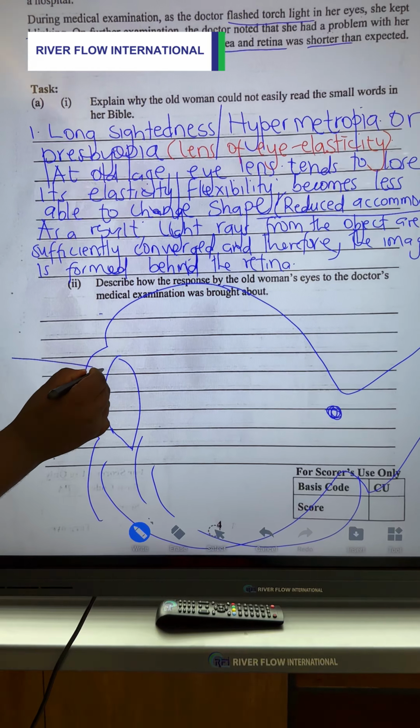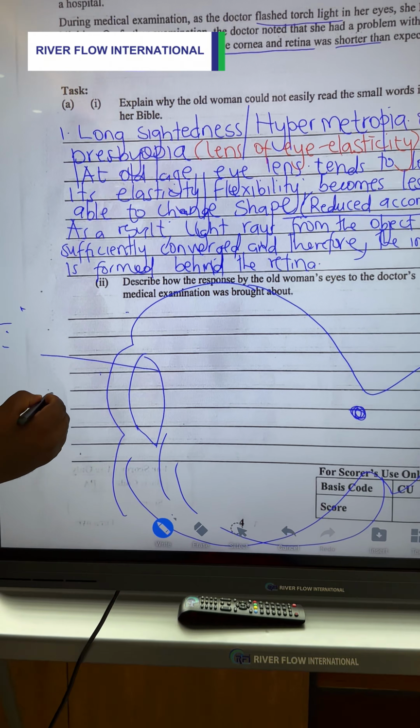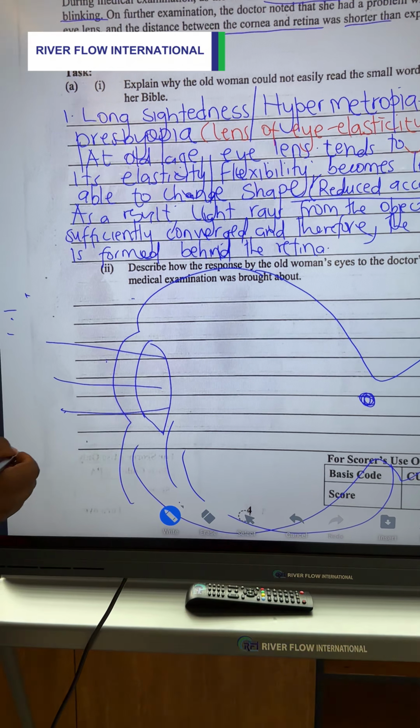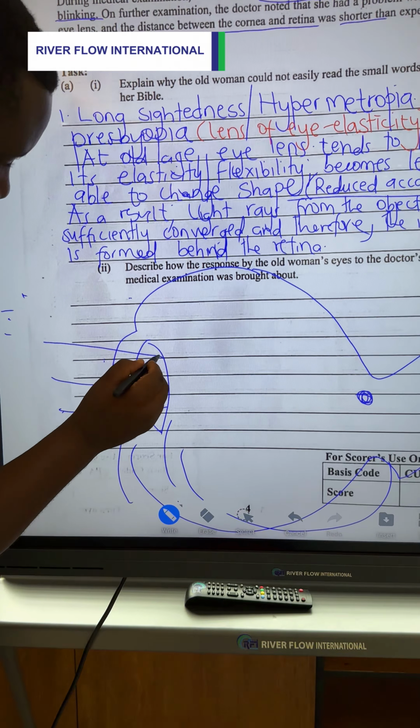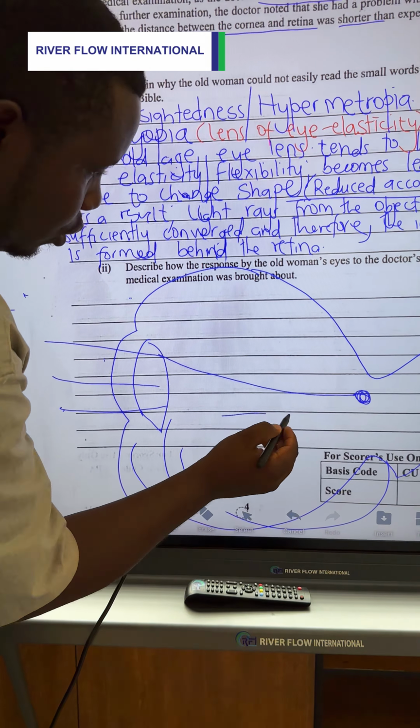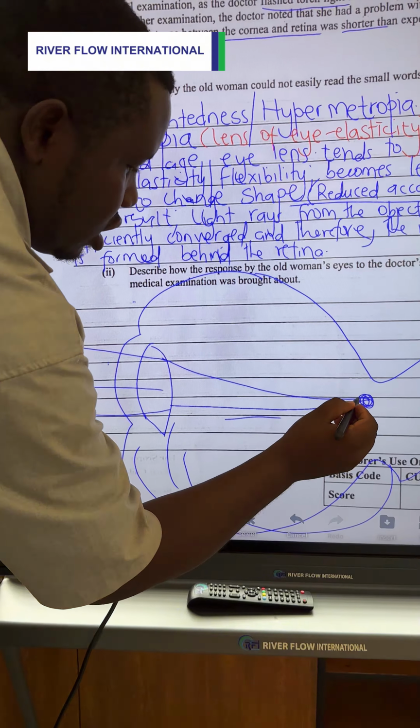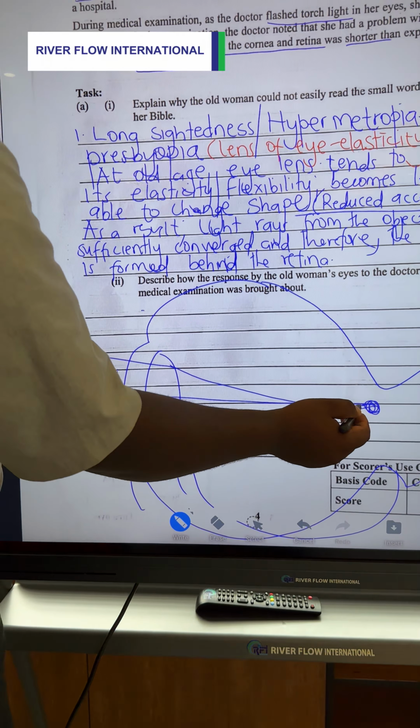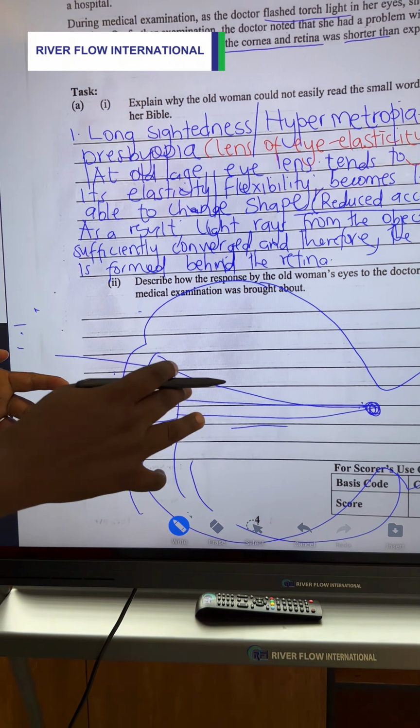When light comes and hits the lens of the eye, these light rays are supposed to be converged at the what? At the retina. Now, this is the normal.